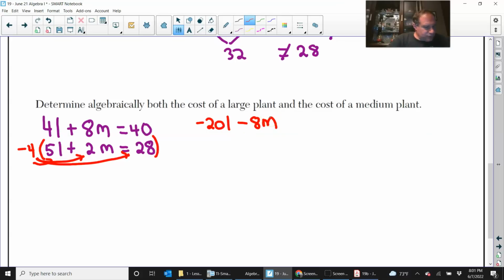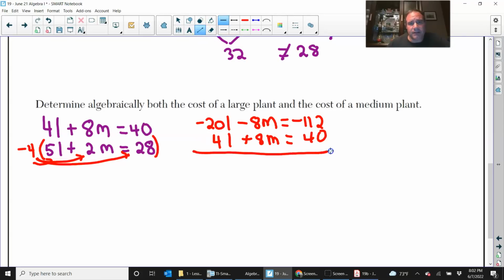And I'm going to do 28 times -4. And that is -112. I'm going to rewrite that first equation down. And you see now that my M's will cancel. And that's what I wanted by multiplying by the 4.